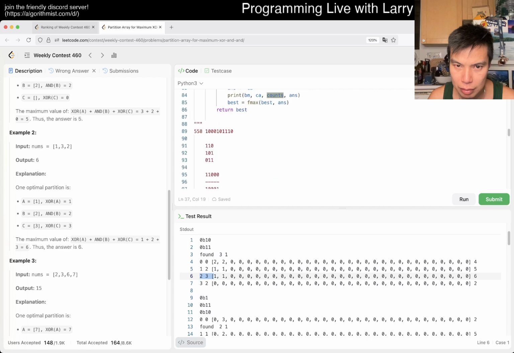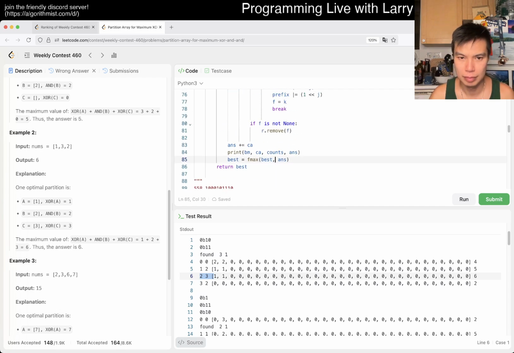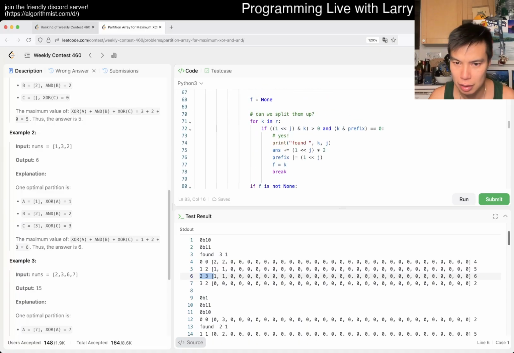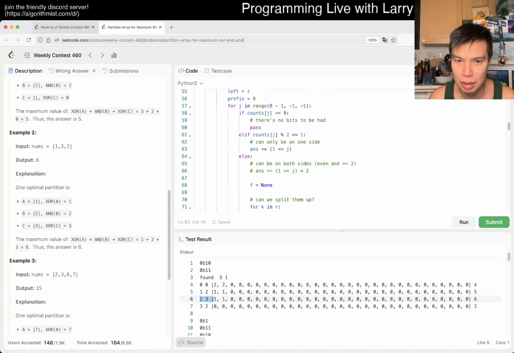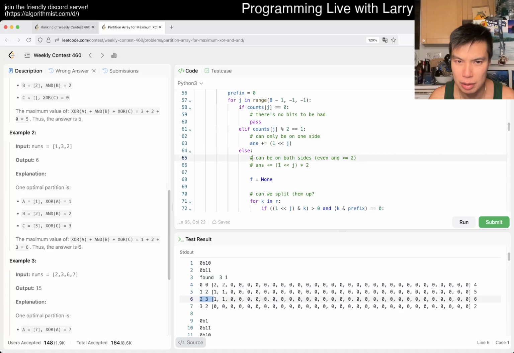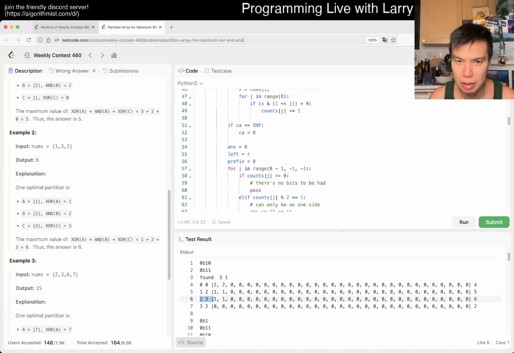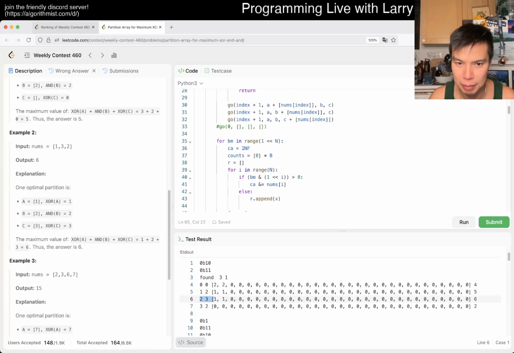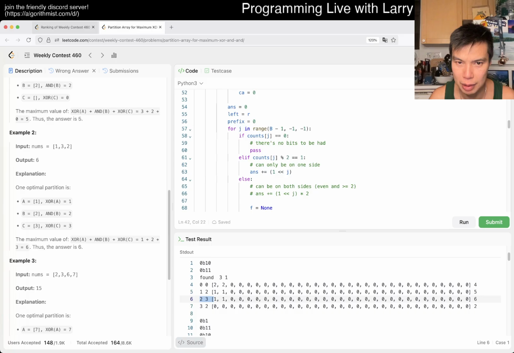So yeah. Print count. Oh, answer is 6. But why? Why is this a 3? Else. Did I mess this up? Setup? No, this is right. Maybe.